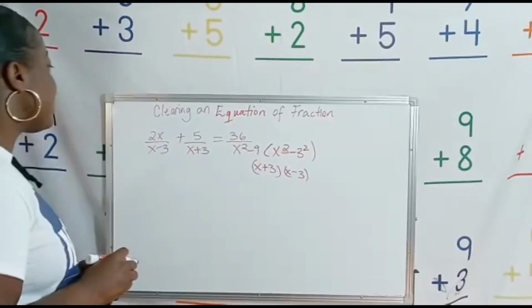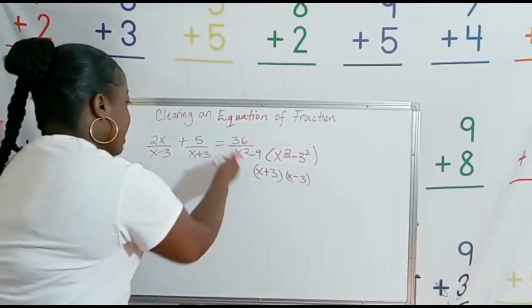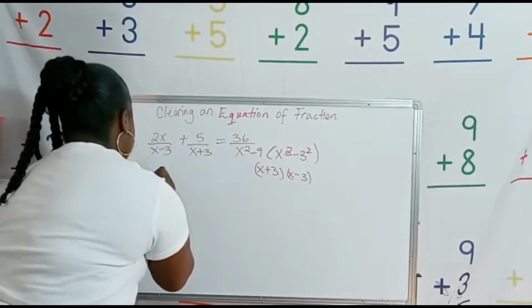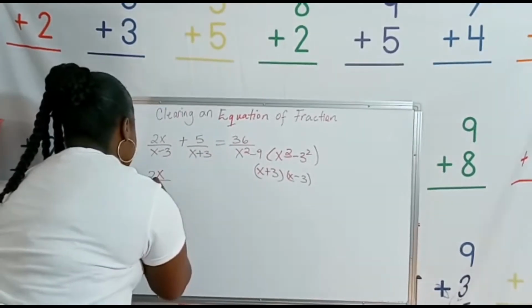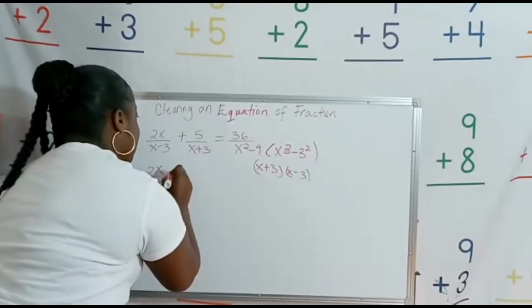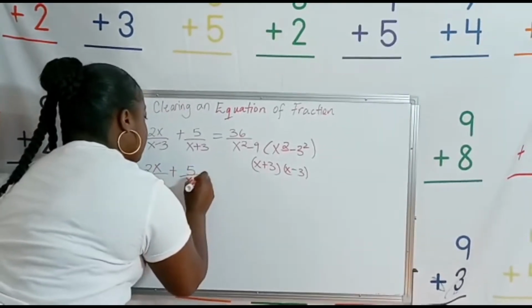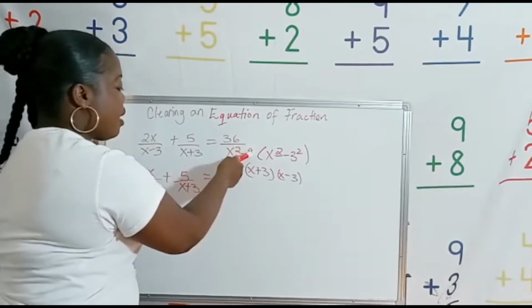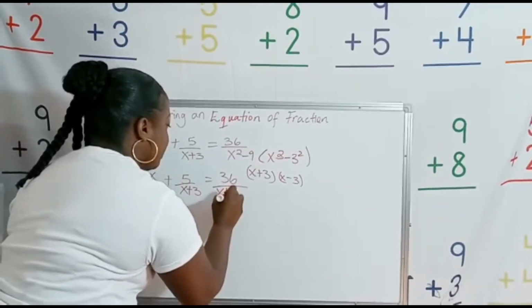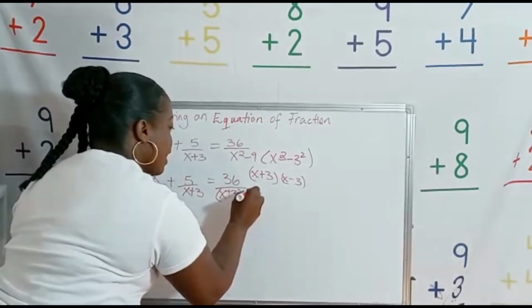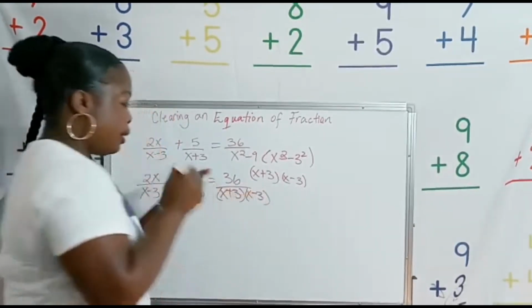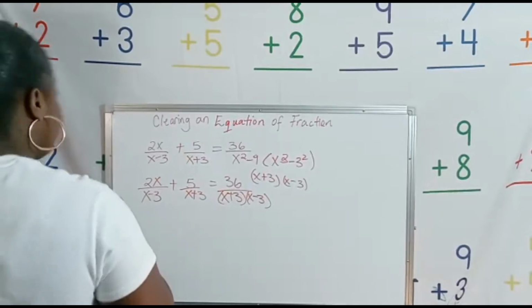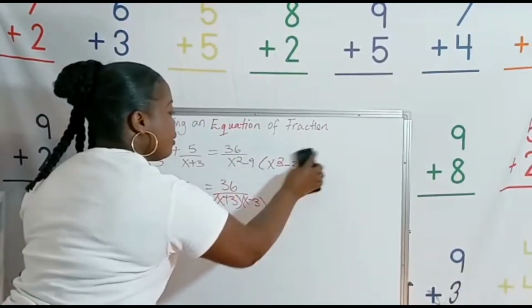So I'm going to go ahead and rewrite both of these. I'm going to erase this. I'm going to rewrite this as 2x over x minus 3 plus 5 over x plus 3 equals 36, and again, instead of saying x squared minus 9, I'm going to say x plus 3, x minus 3.